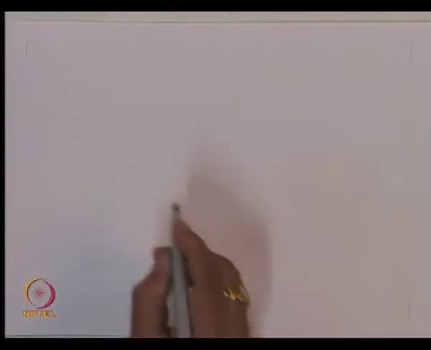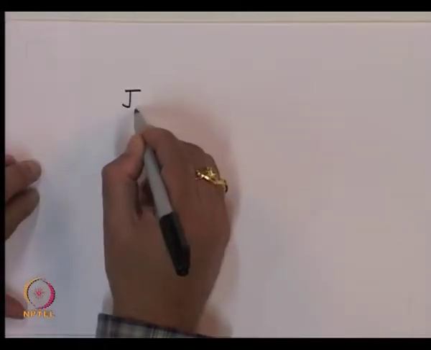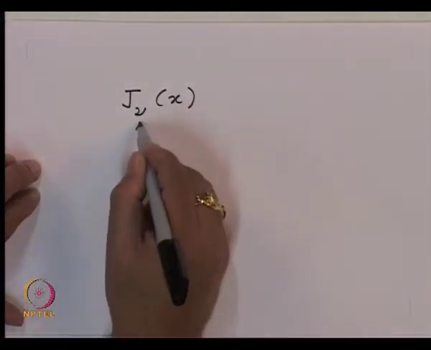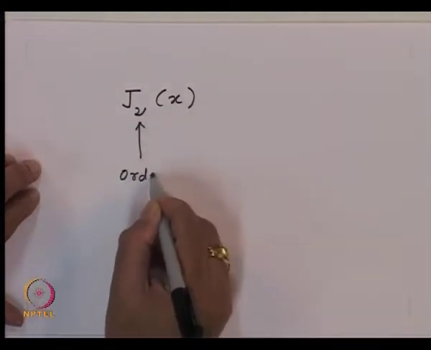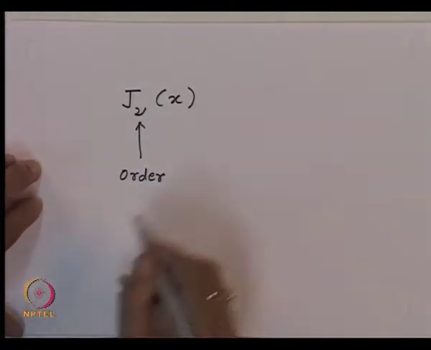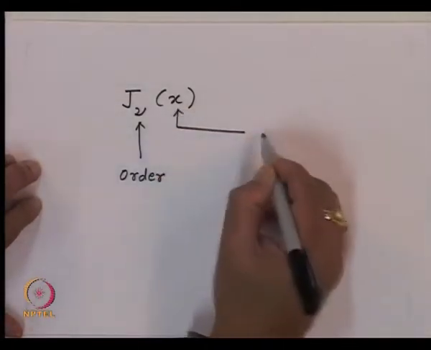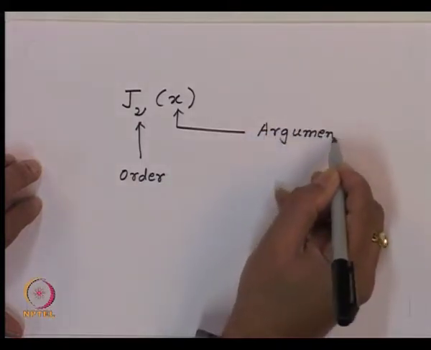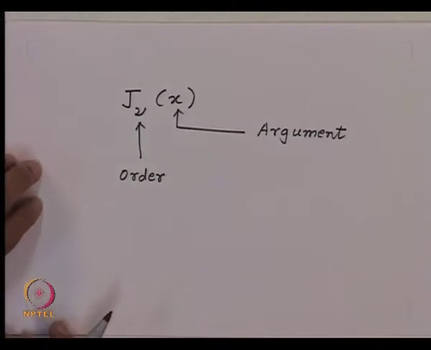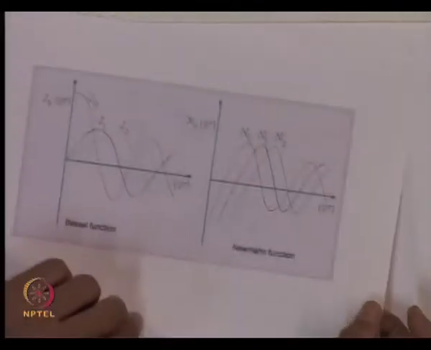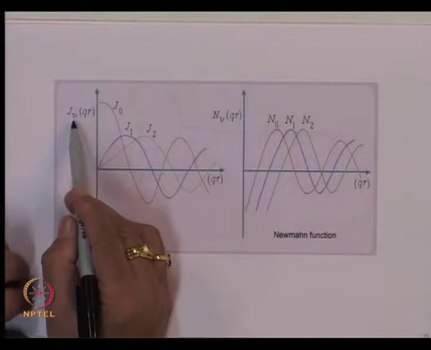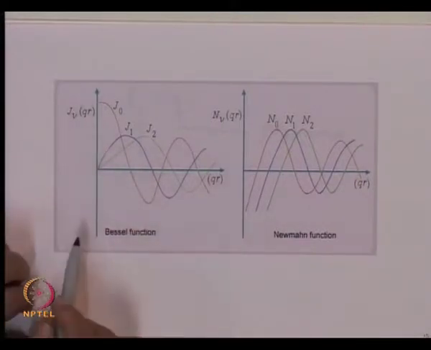So, essentially we have a Bessel function which is J nu of x. This quantity is what is called the order of the Bessel function, and this quantity is what is called the argument of the Bessel function. Here we have a plot of the different Bessel functions, that means for different values of nu or different arguments.